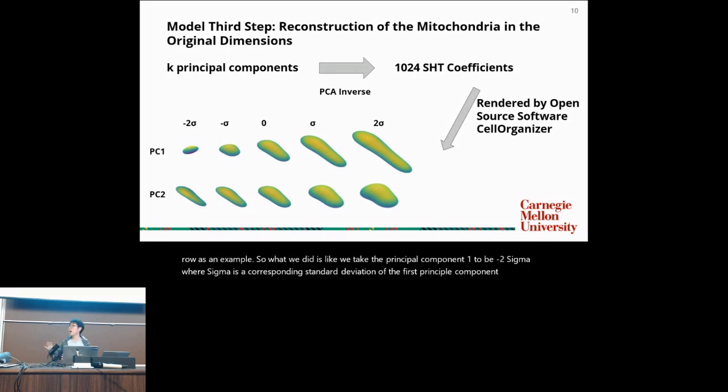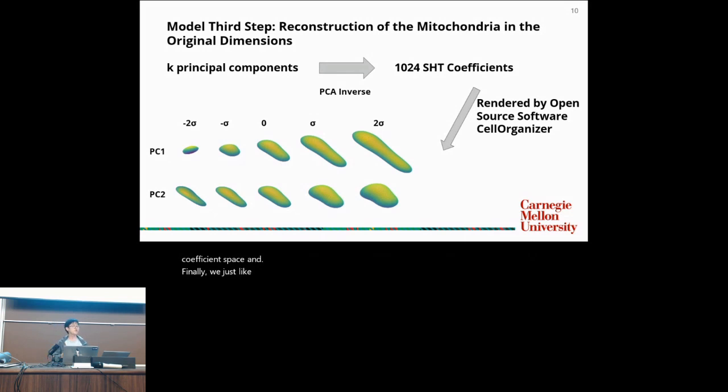And we keep all other principal components at 0. And we map this point back to the 1024-dimensional SHT coefficient space. And finally, we render the reconstructed shape with open source software like Cell Organizer. And we also observe it from the first view.